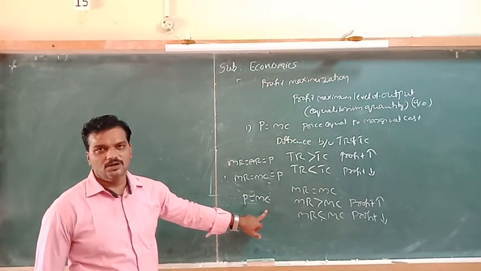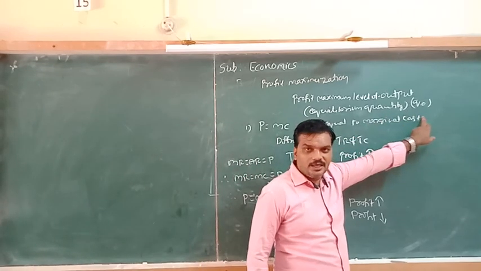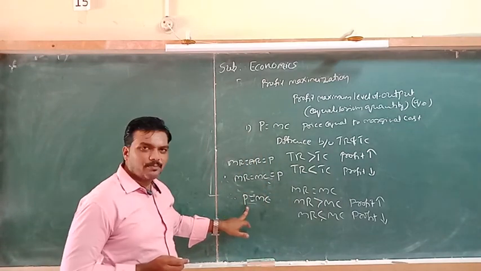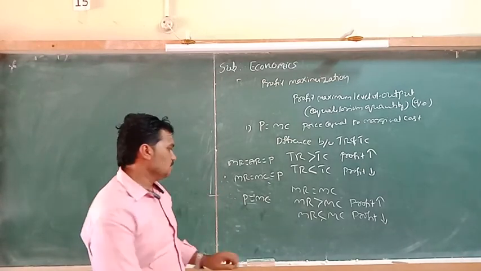To find the equilibrium quantity, the firm should equalize the price with the marginal cost. This is the first condition.